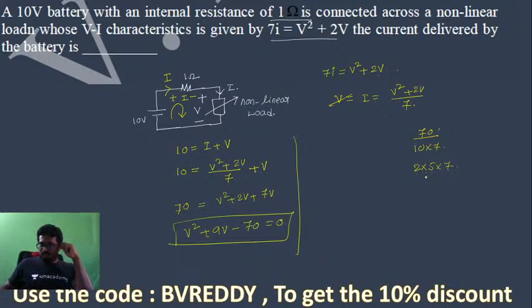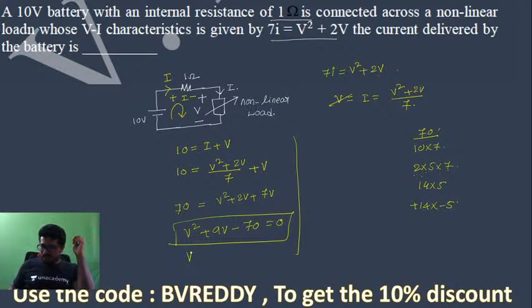Fourteen into 5, this gives us 9, no? So plus 14 into minus 5, isn't it?